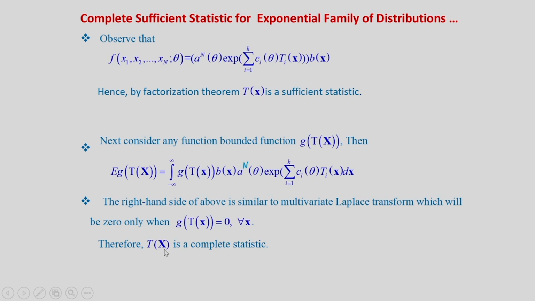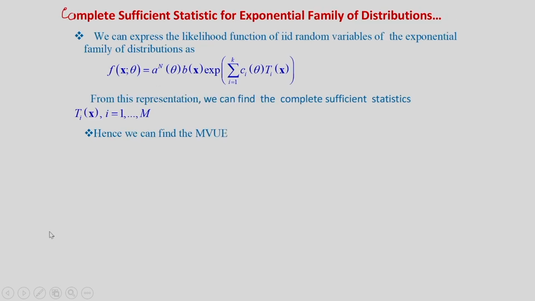So, we saw that T(x) is not only sufficient, but it is also a complete statistic. Now, given the complete sufficient statistics for the exponential family of distributions, we can find the sufficient statistics in this form itself. We can express the likelihood function of IID random variables of the exponential family like this: f(x; theta) is equal to a to the power n theta into b(x) into exponential of the summation of ci theta Ti(x), i going from 1 to k.